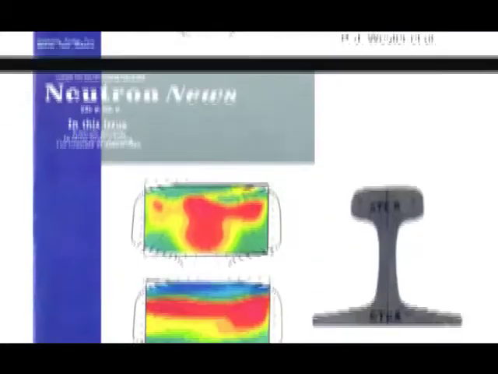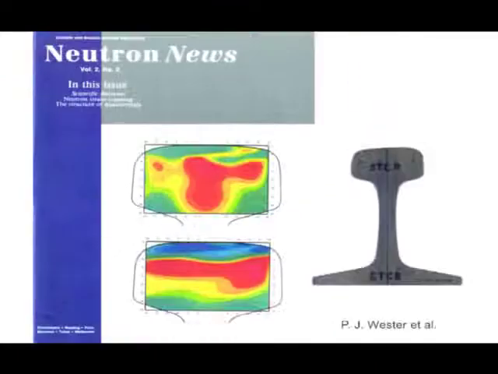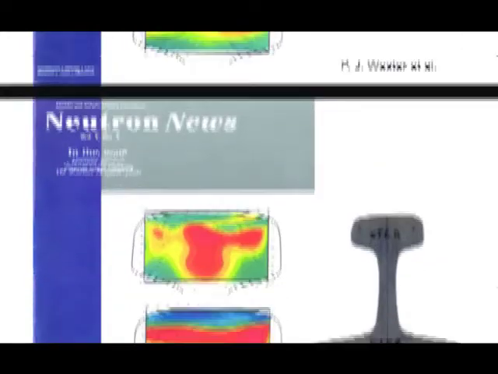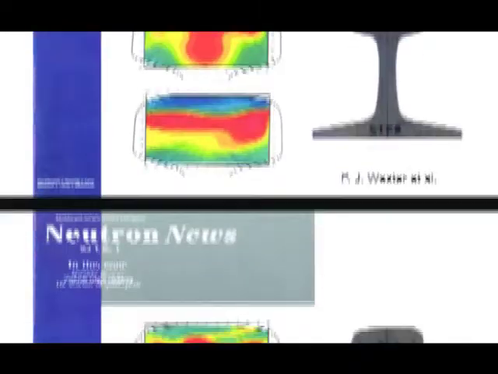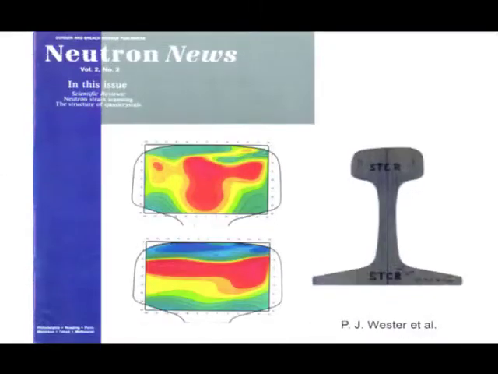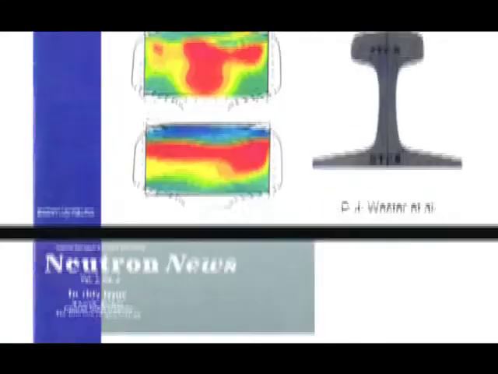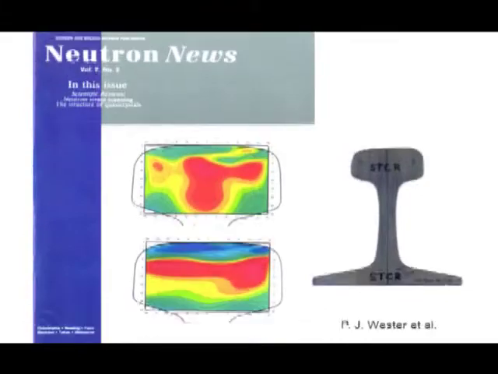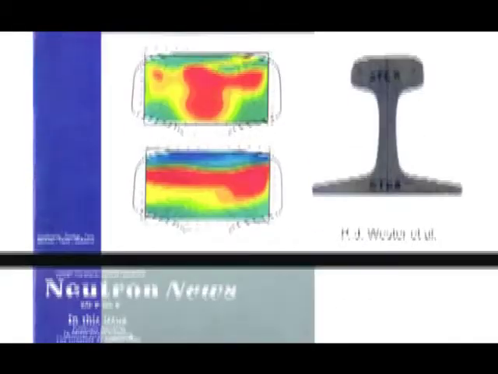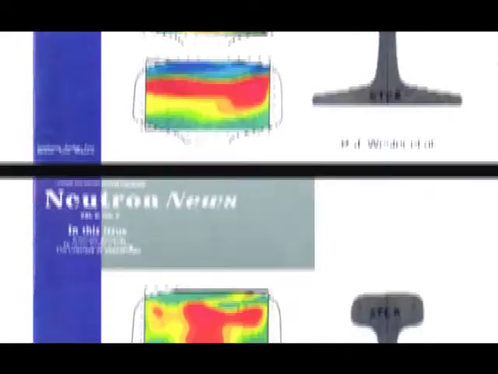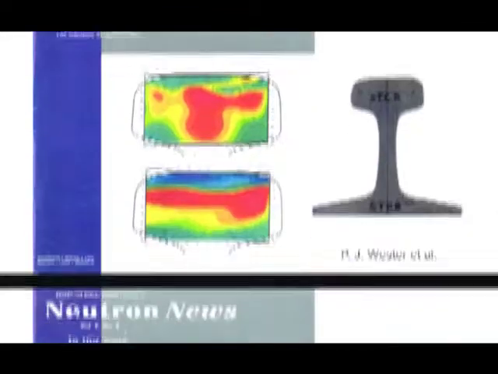This is work that was featured in Neutron News back in 1991. By the way, if you haven't subscribed to this magazine, you should. It's free, and it tells you all the developments in the neutron scattering community. So this was back in 1991. I was a graduate student, and this just opened my eyes to totally different applications of neutron scattering.